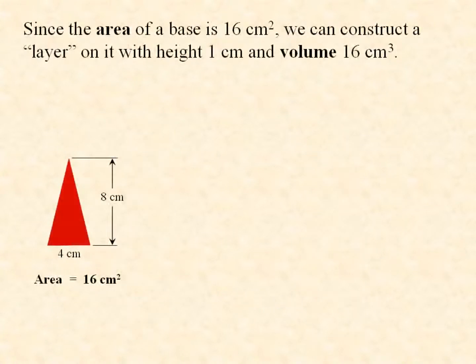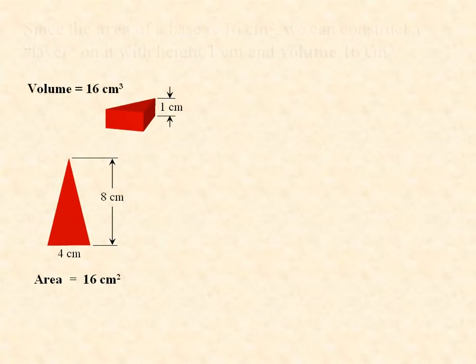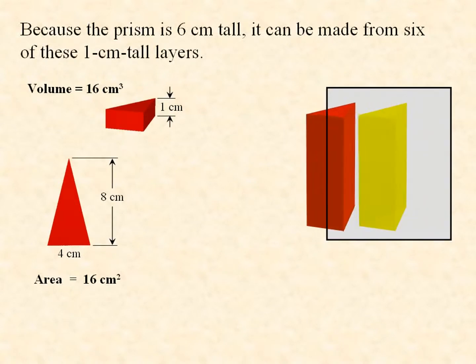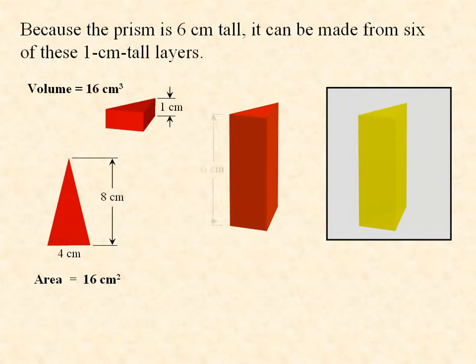Since the area of a base is 16 square centimeters, we can construct a layer on it with a height of 1 centimeter and volume 16 cubic centimeters. Because the prism is 6 centimeters tall, it can be made from 6 of these 1 centimeter tall layers.